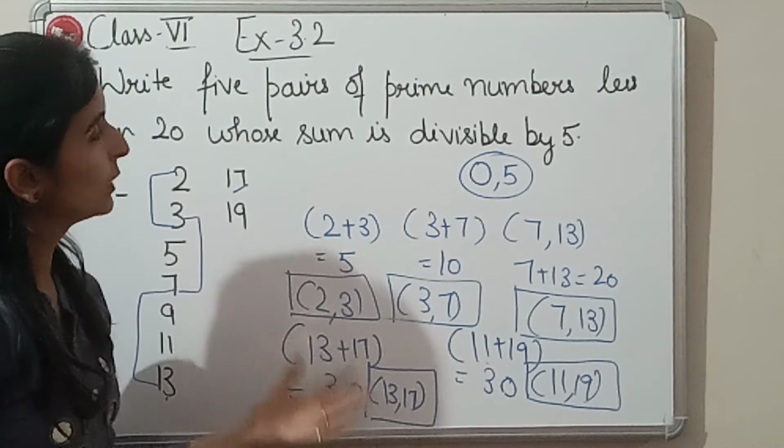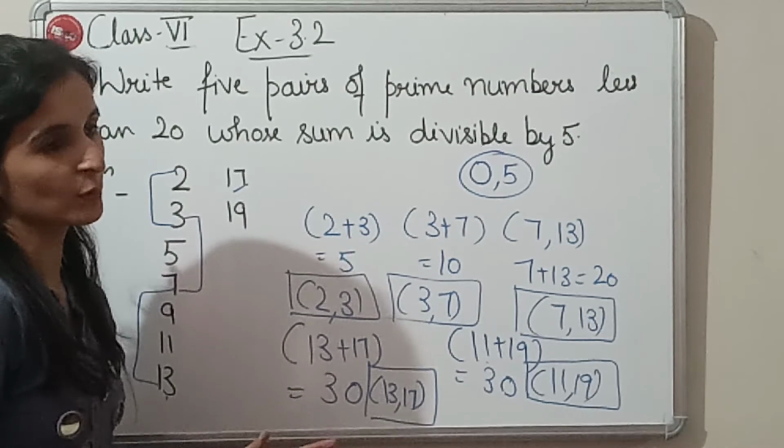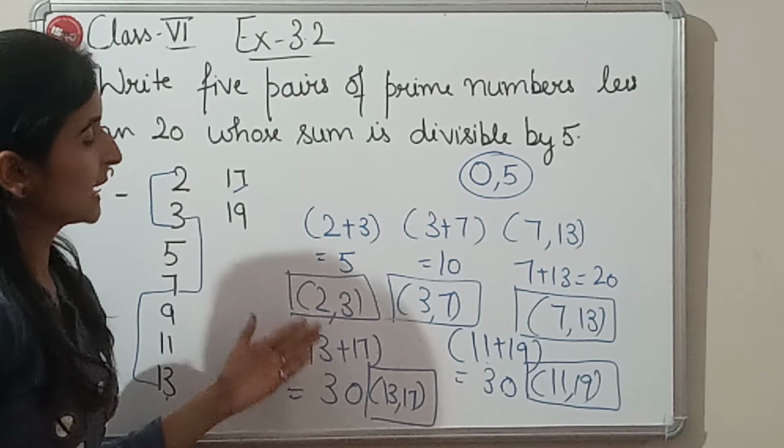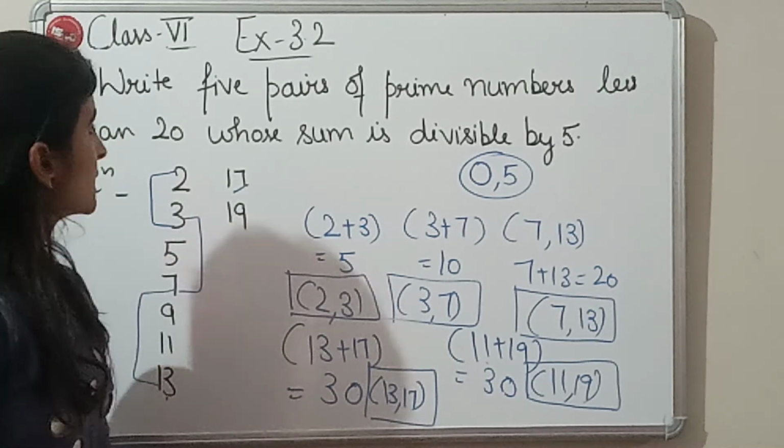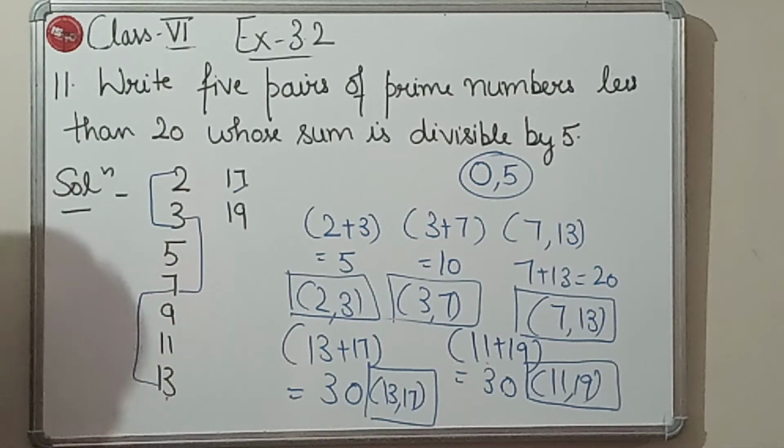So that is how we have found the 5 pairs of prime numbers less than 20 whose sum is divisible by 5. Now let's move to the next question.